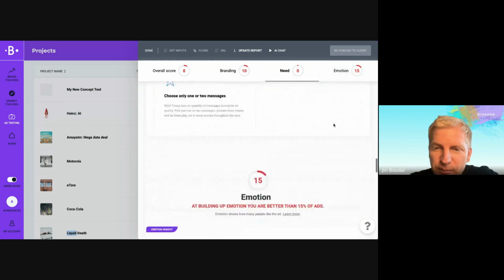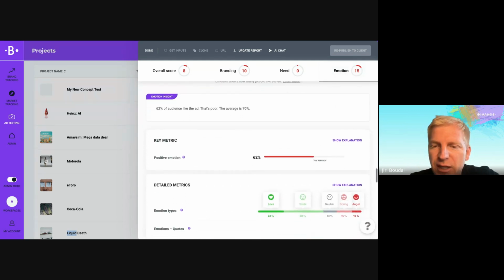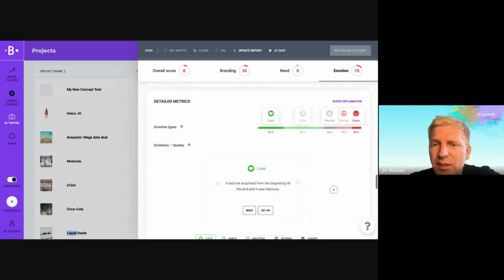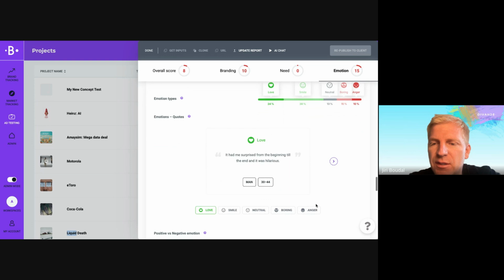But I think the most important, of course, is this emotional part. What you can see here, I think, is there's actually quite a lot of people who love the ad, like 24%. That's good. That's above average, definitely. This strong emotion. But really, again, 25 people actively disliking the ad is way too much. And as you can see here, I was counting the AI mentions.